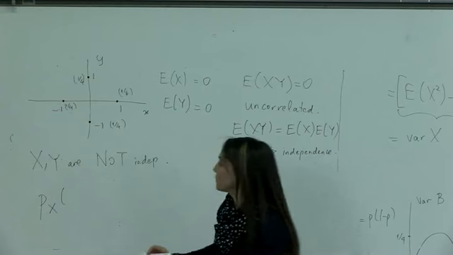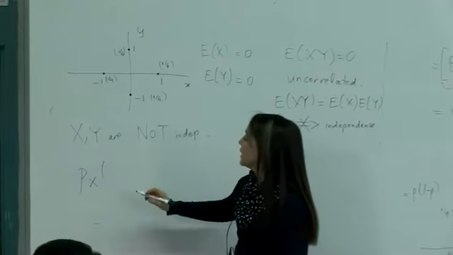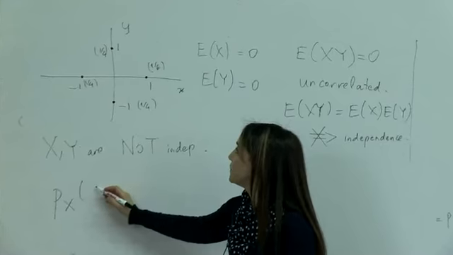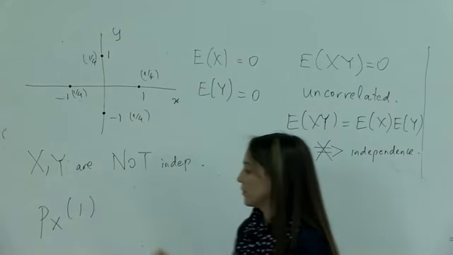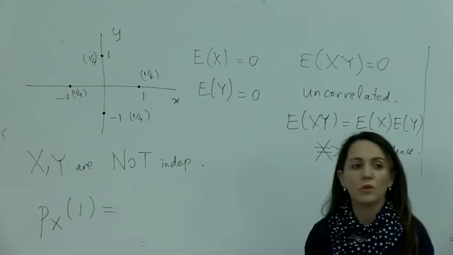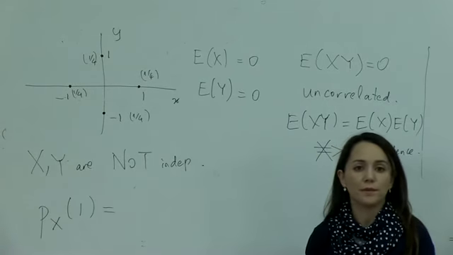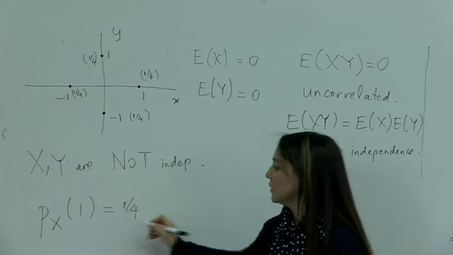P_X of 1, for example, is equal to the probability that X equals 1, which is 1/4.